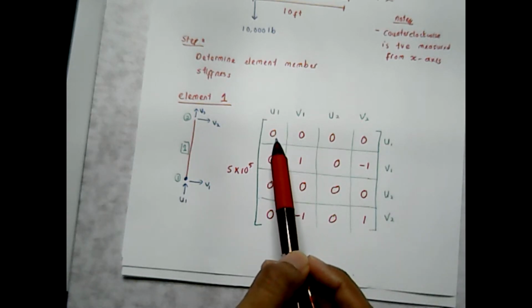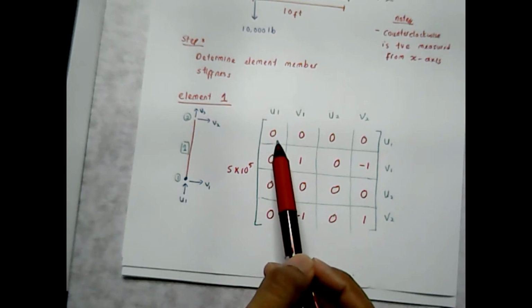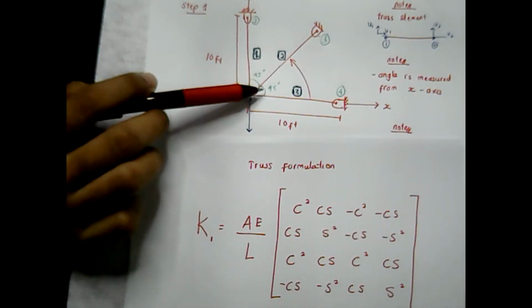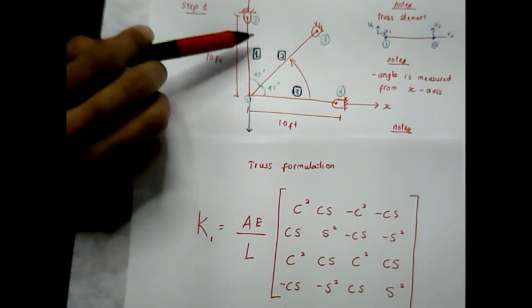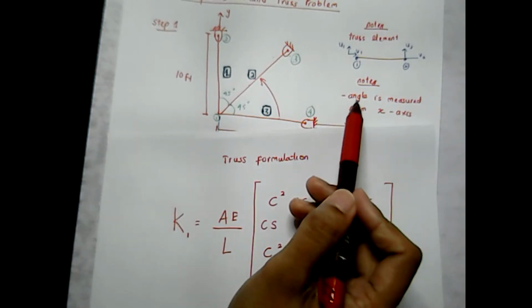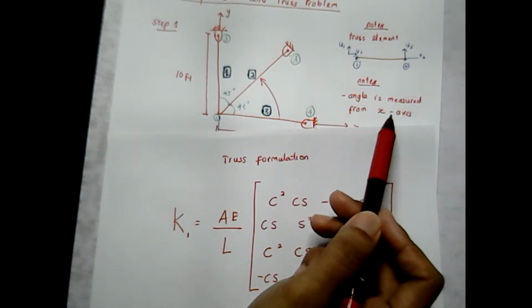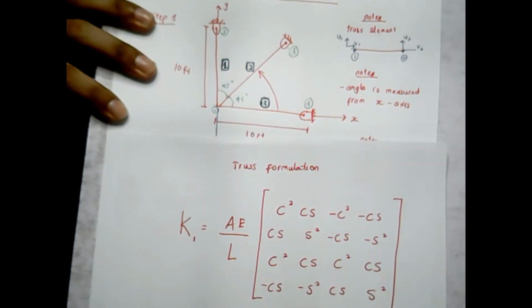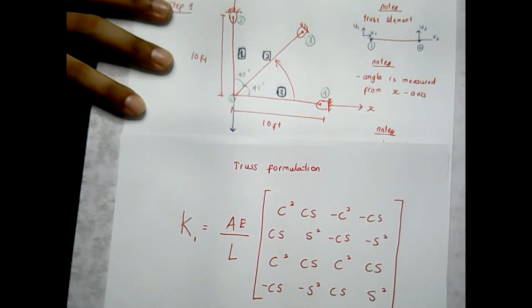So for this, why do you get 0? Because you need to look at the angles. For member 1, as I said in these notes, the angle is measured from the x-axis, counterclockwise is positive.